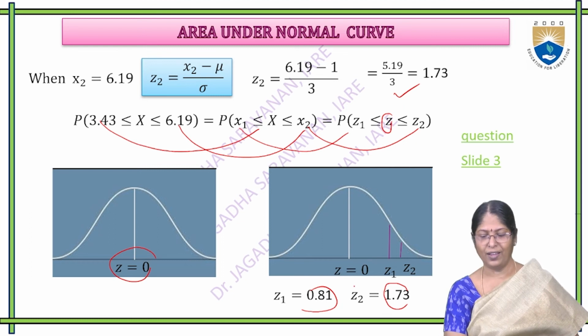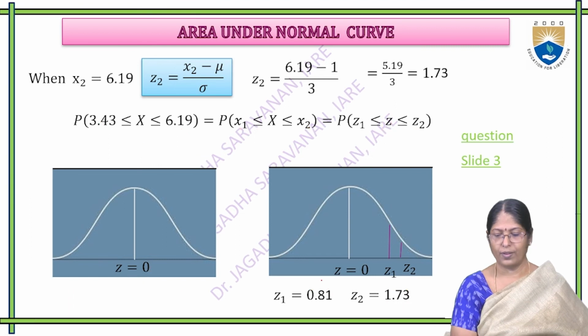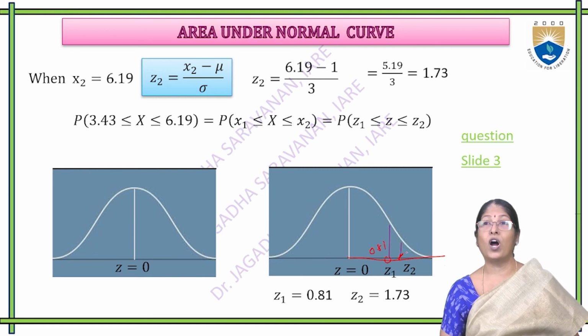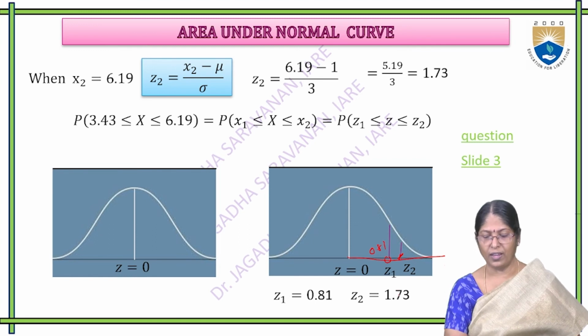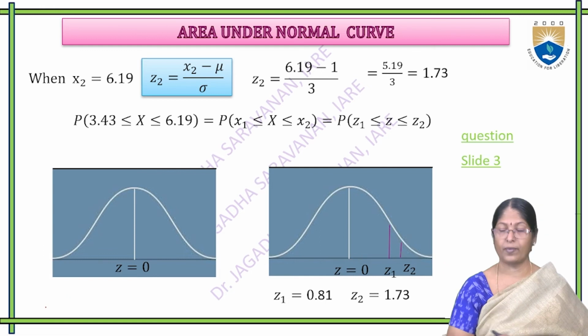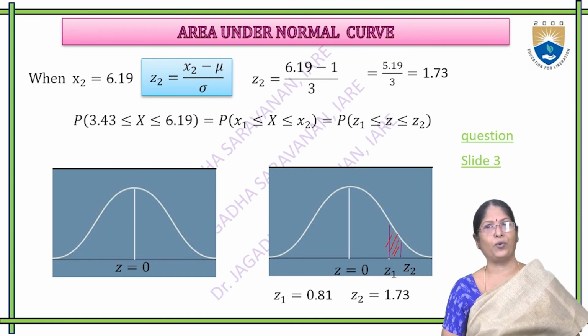The answer is, the point Z1 is 0.81, and we know this goes on up to infinity. This point is 0.81 and this point is 1.73, which is higher than 0.81. That is the reason Z2 is placed here, not here. Yes. Now, this shaded area we have to find.